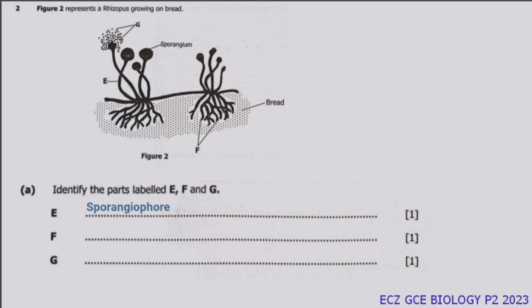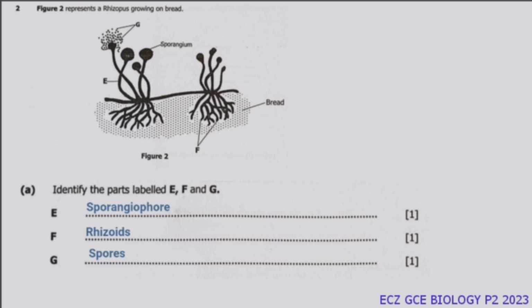The part labeled E is sporangiophore. What is the part labeled F? The part labeled F is rhizoid, and the part labeled G is spores. I'm writing them in plural because you can see there are 2 arrows going to the spores and 2 arrows going to the rhizoids.